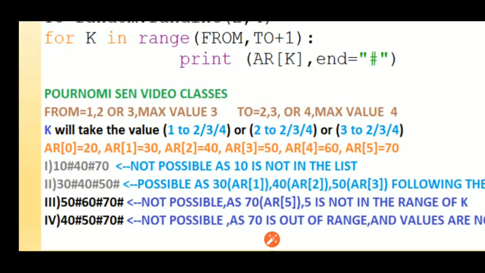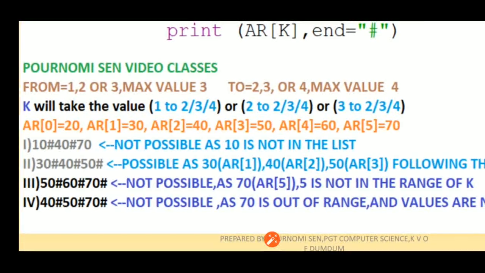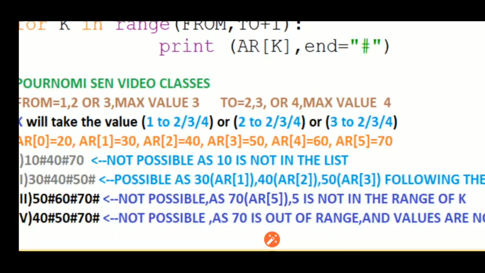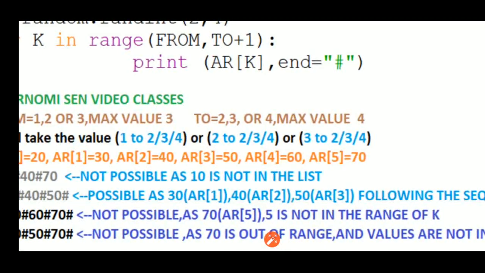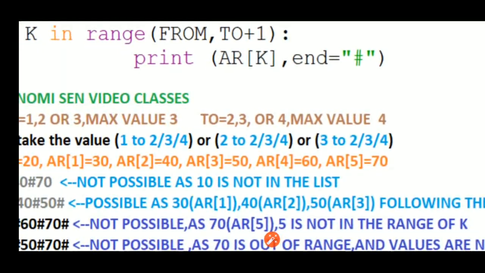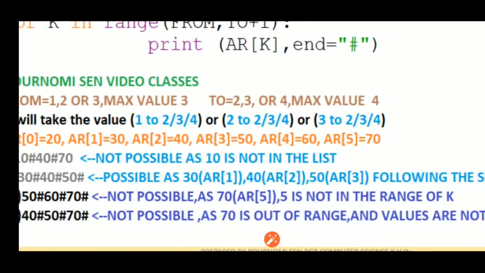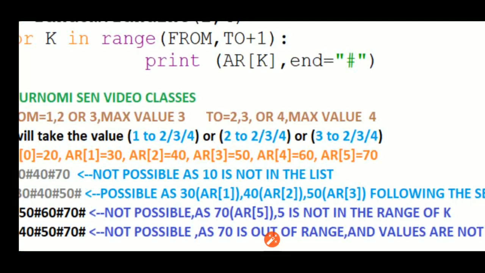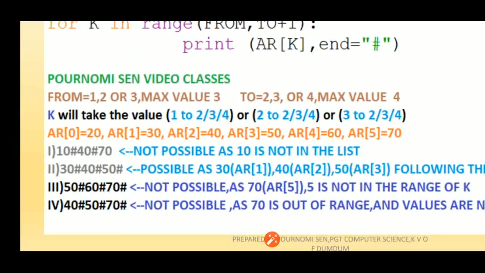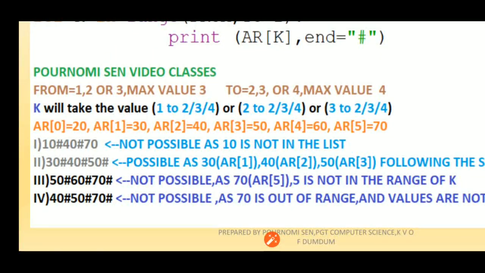What happens in case of the third? It is 50, 60 and 70. Not possible as 70 means AR[5]. That means 5 is not in range of K. As you can see, the maximum value of To is 4, so the value of K cannot be 5. And the last one, that is the fourth option, 40, 50 and 70.